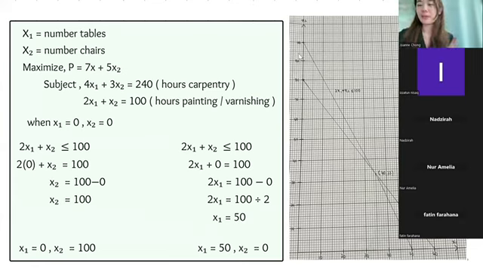As my group member mentioned before, for the two equations, we got x1 will be 50 and x2 will be 100, and the other one x1 will be 80 and x2 will be 60.